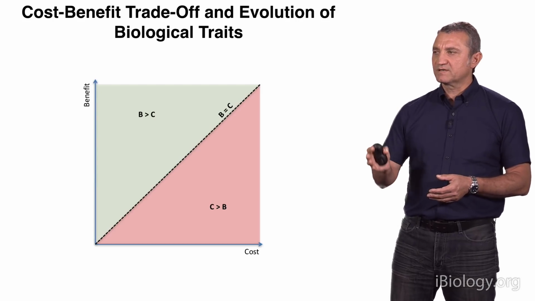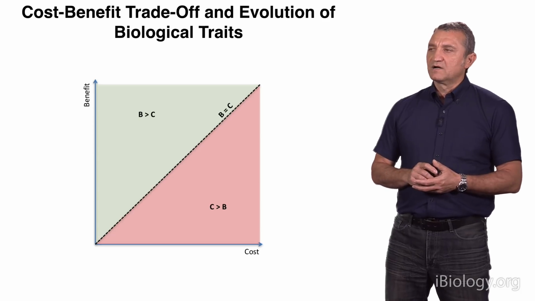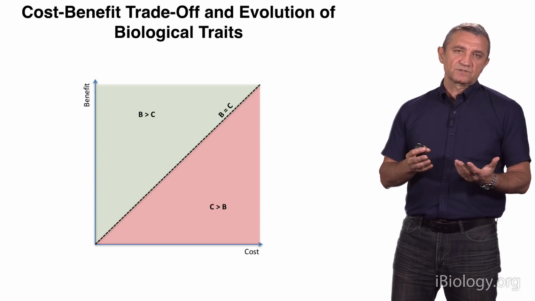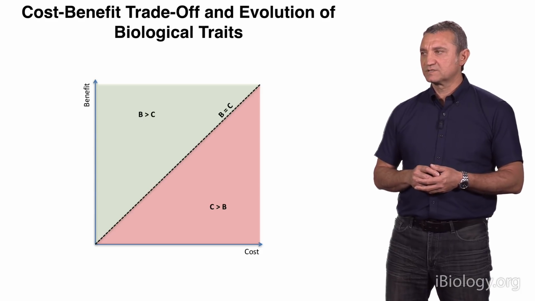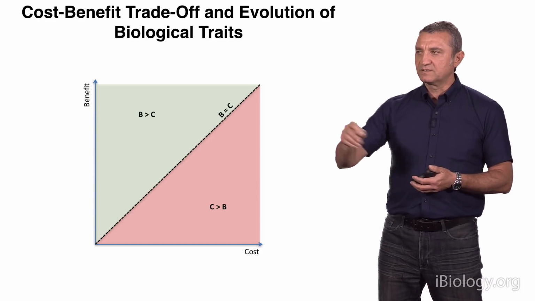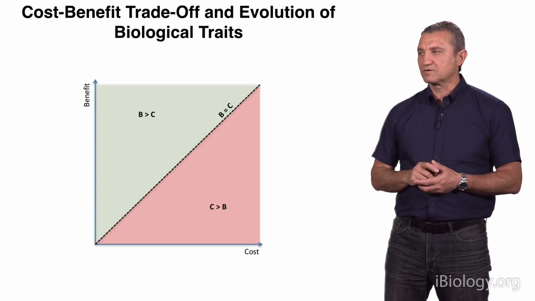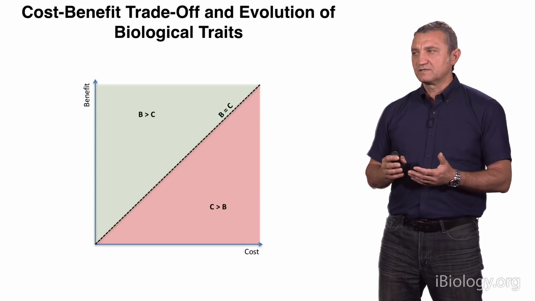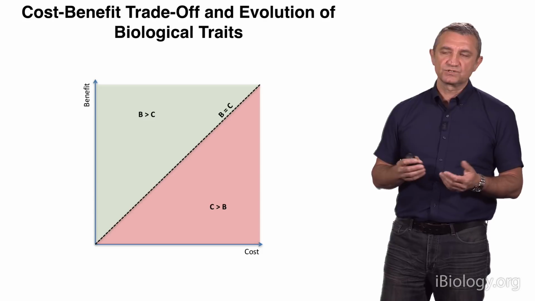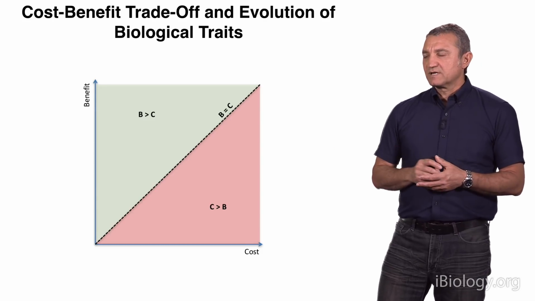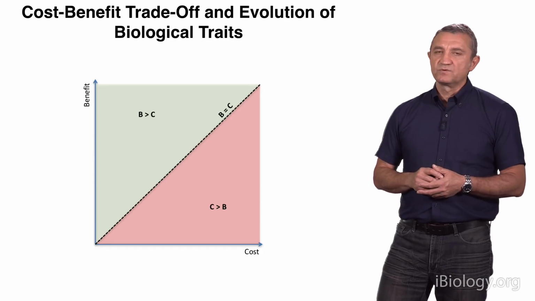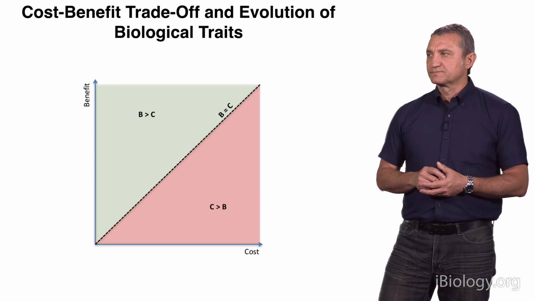If we plot benefit versus costs, for a biological trait to evolve, the benefit has to be higher than the cost. Any trait in the green triangle, where benefit is higher than the cost, would be evolutionarily acceptable. And anything in the red triangle, where cost is higher than the benefit, would be eliminated by natural selection.